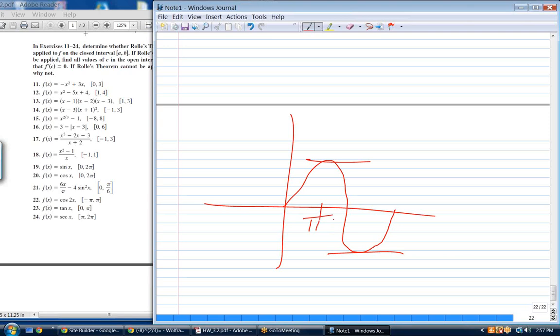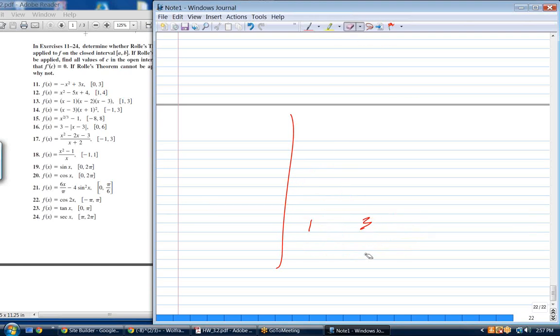So pi over 2 and 3 pi over 2 are going to be the 2 places where f prime of c is equal to 0. So that problem isn't hard. We have a hard one here. 21 looks kind of interesting. Let's take a look at 21 with our last 5 minutes.